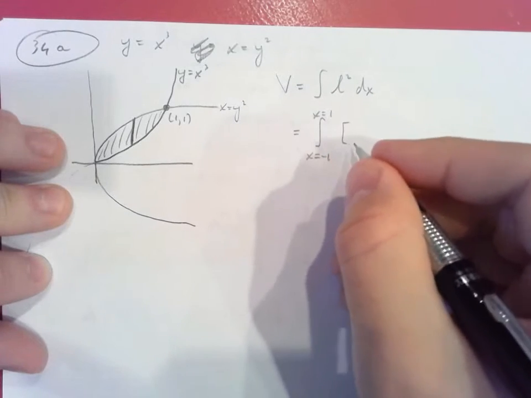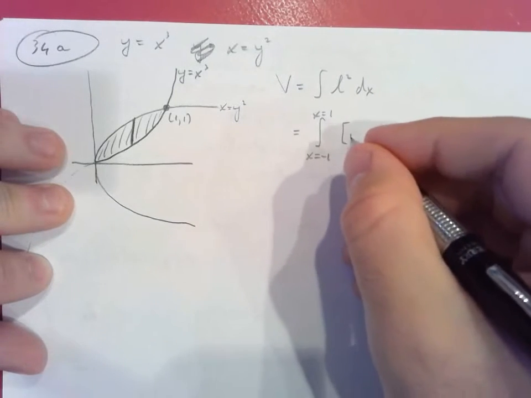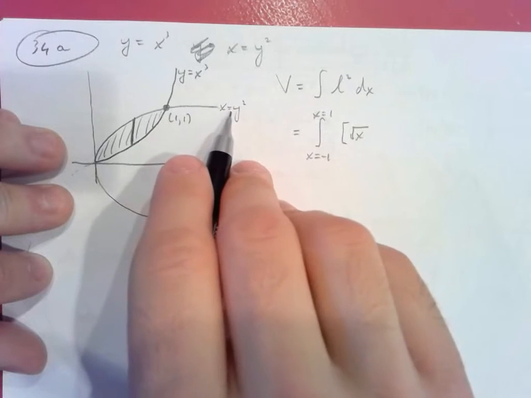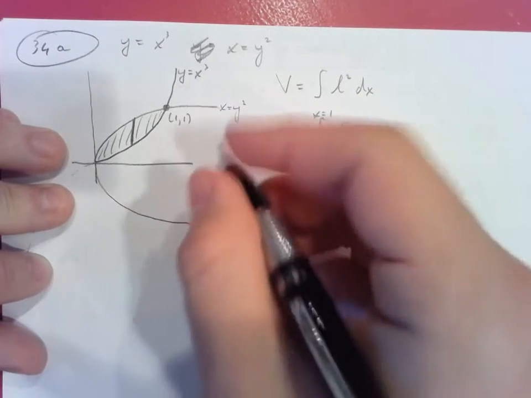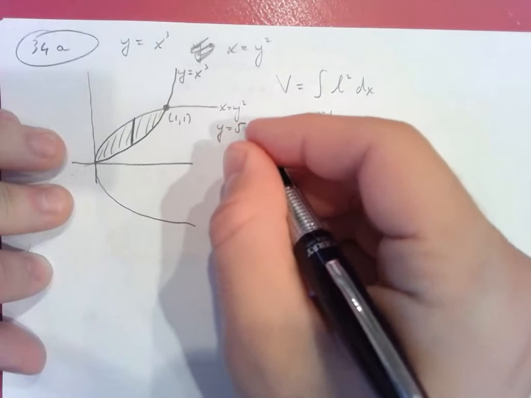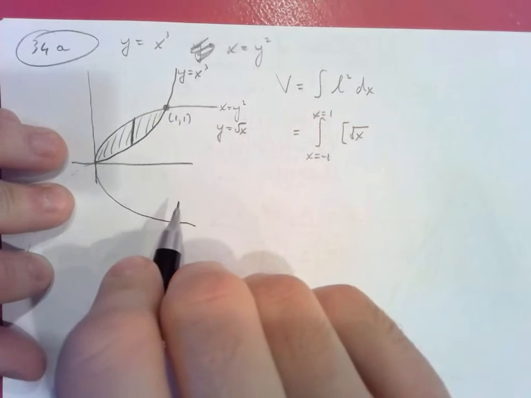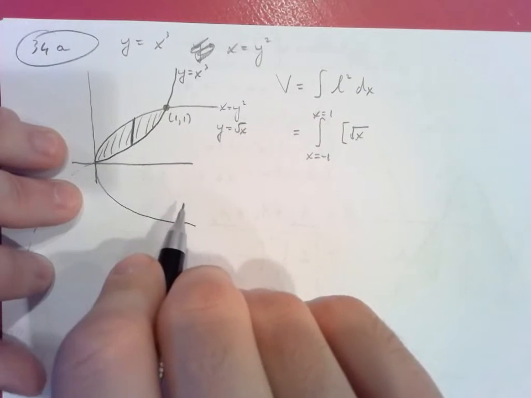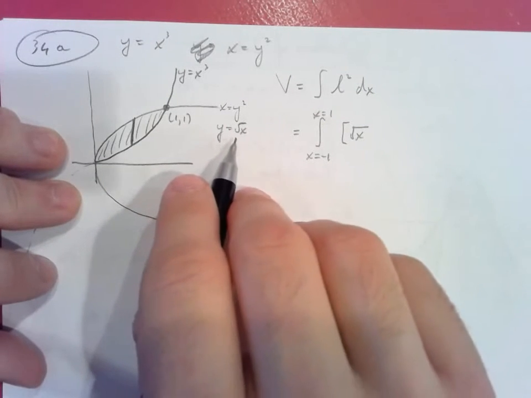So the side length is going to be given by, top curve is square root of x, because if I have to solve for y here, right, y equals the positive square root of x, and let me see, is that correct?